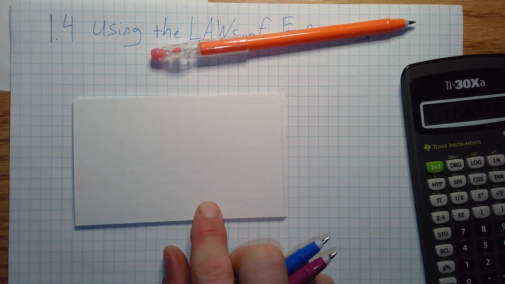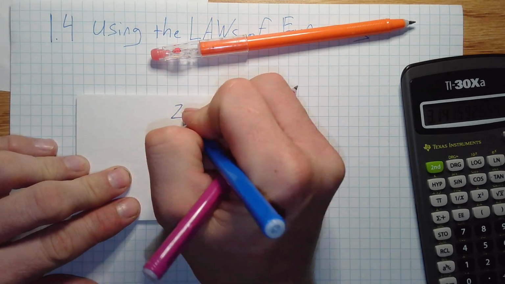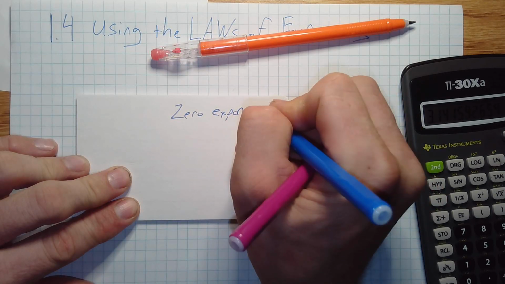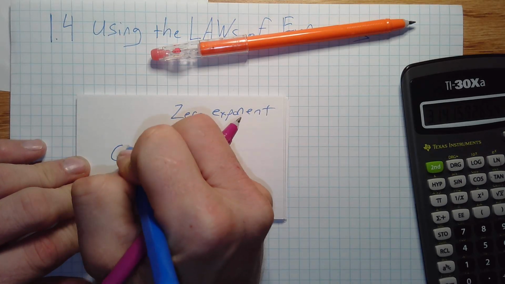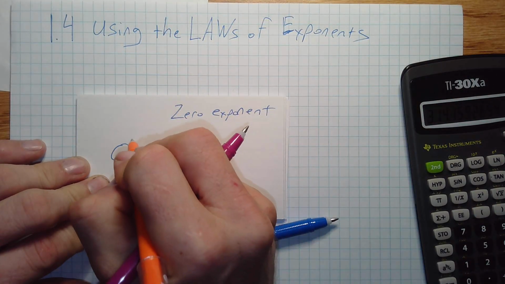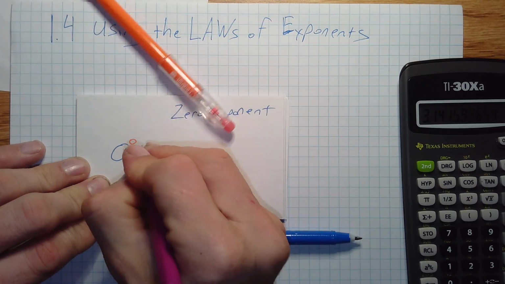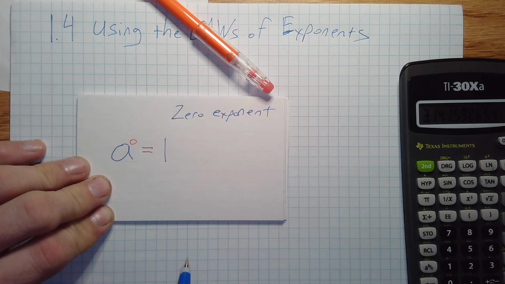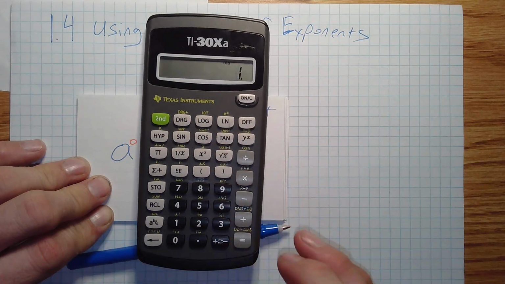All right, the next one isn't intuitive. This is the 0 exponent, and I will prove it to you if you want me to, but I'm not going to do it in this video. You have to come and ask. I'm just going to have you push the I believe button. Any base A raised to the 0th power equals 1, every time. 8 to the 0th equals 1.